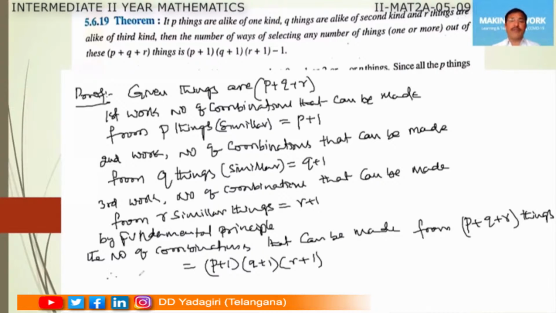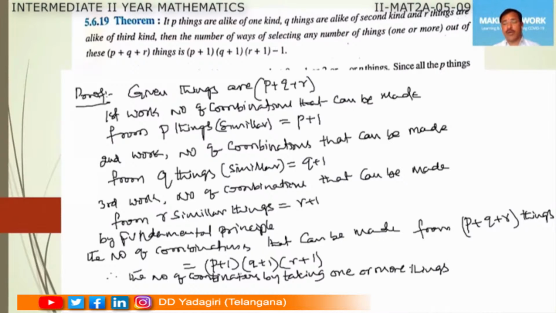Therefore, finally, the number of combinations by selecting or taking one or more things is equal to the total number of combinations P plus 1 into Q plus 1 into R plus 1 minus one combination which is made without taking any elements.